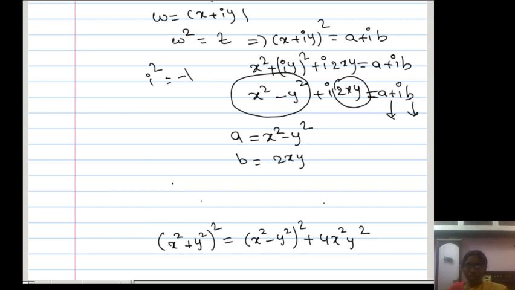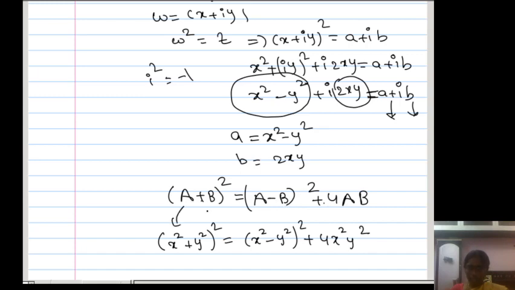For example, you can write in another way, like (A plus B) whole square is equal to (A minus B) whole square plus 4AB. Is it? So you are writing here plus 2AB.